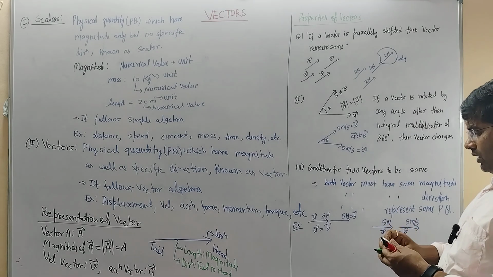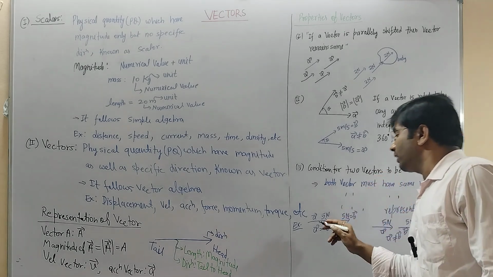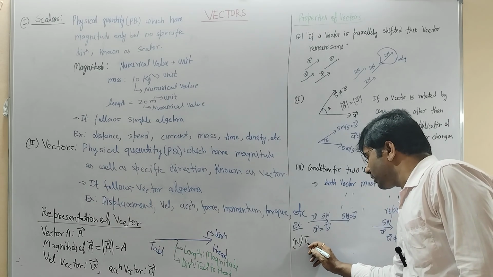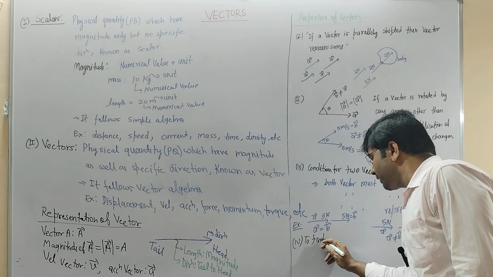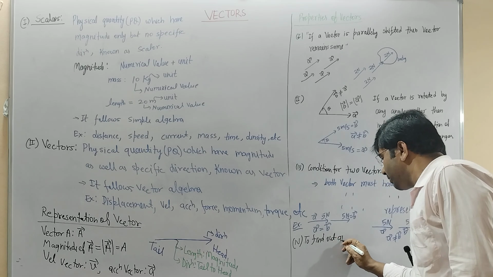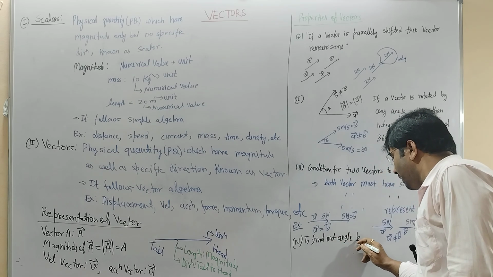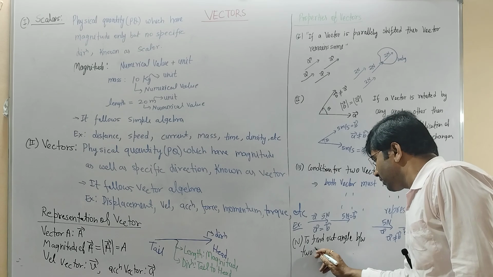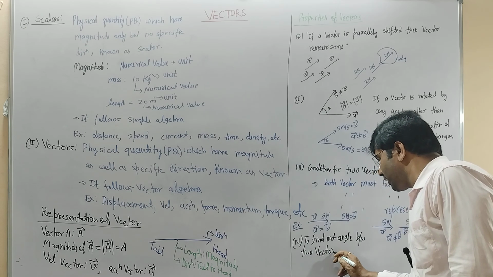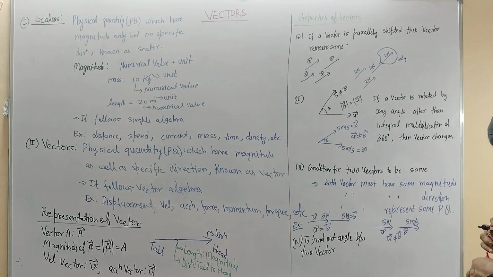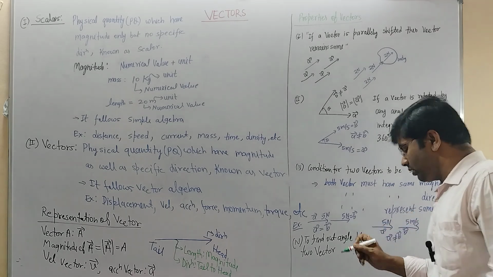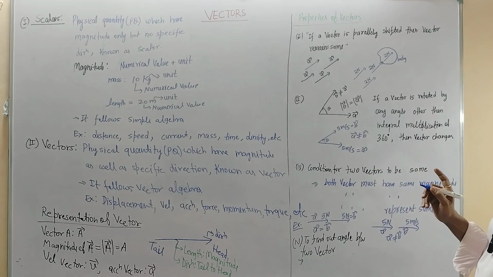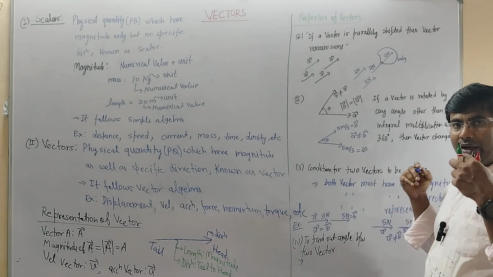And the last one, the fourth one, is to find out the angle between two vectors. Condition: here, always connect tail to tail and then measure the angle between them.